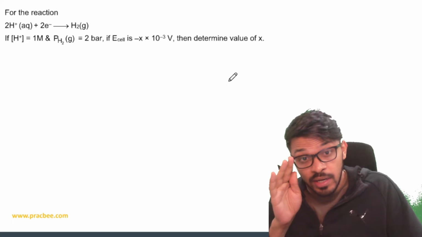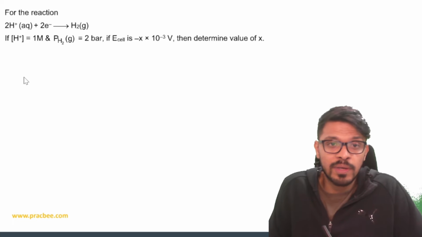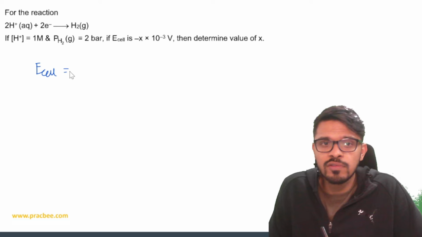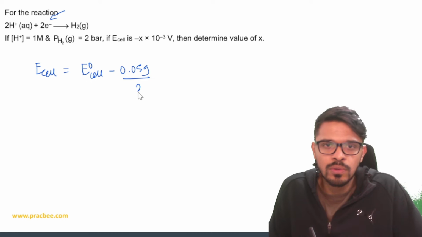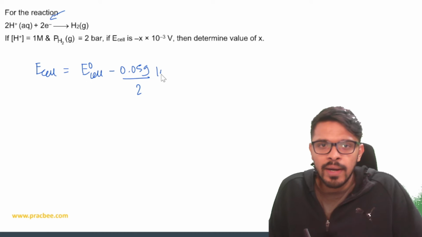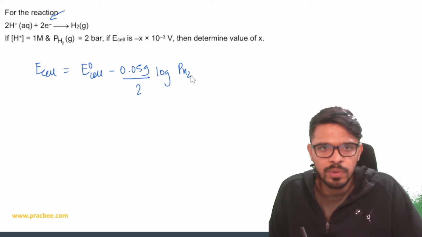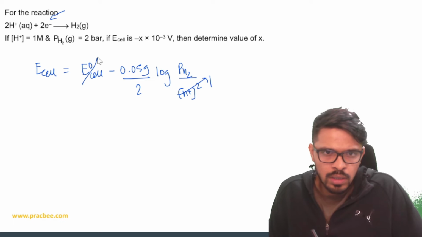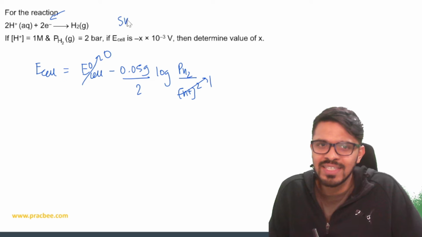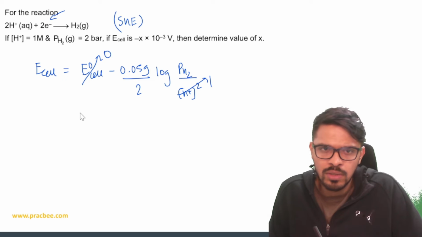In the next question, they are asking the E of cell. So basically we can use the Nernst equation. E of cell is E naught of cell minus 0.059 by n. You can see n here is 2, and log of concentration of product, or I can say partial pressure of product, divided by concentration of H plus squared. This is 1. E naught of cell for an SHE, standard hydrogen electrode, is 0.